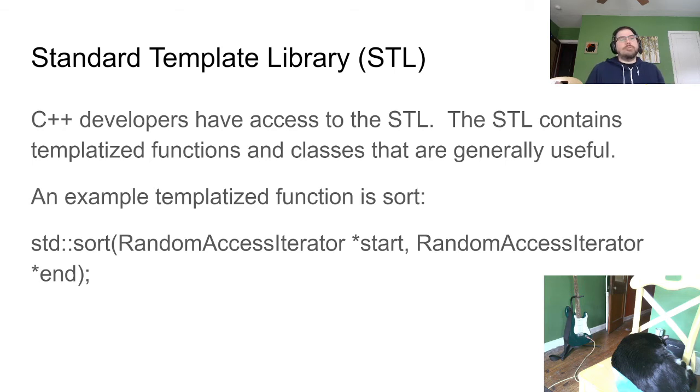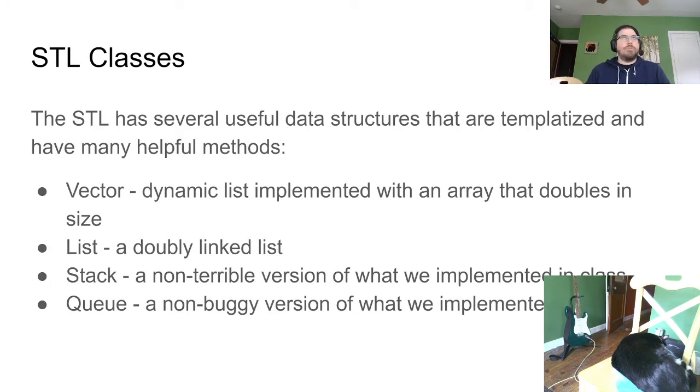An example templatized function is sort, which you give a random access iterator for start and end, and it'll work. We'll talk about iterators in a little bit so that you can actually learn how sort works and to use it. But that's just an example of how to call the sort method or function.